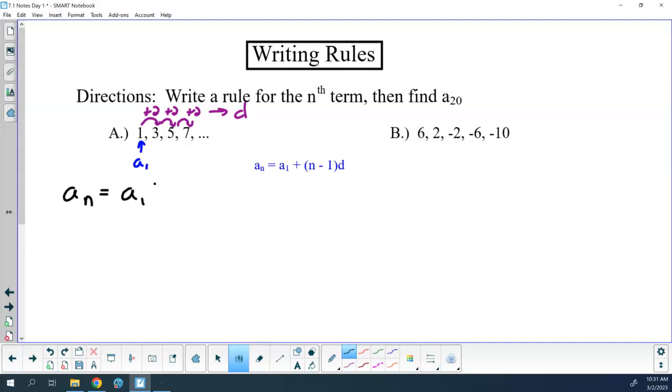Let me just rewrite this here. So we would have a sub 1 as 1. n is going to stay n. Minus 1 is going to stay minus 1. And my d is going to be 2.